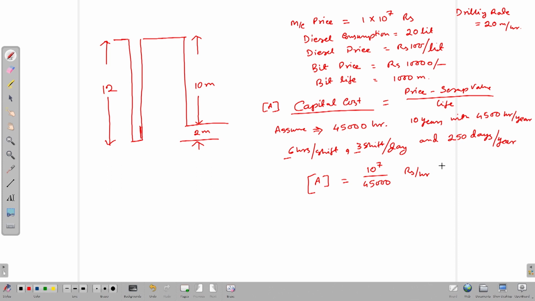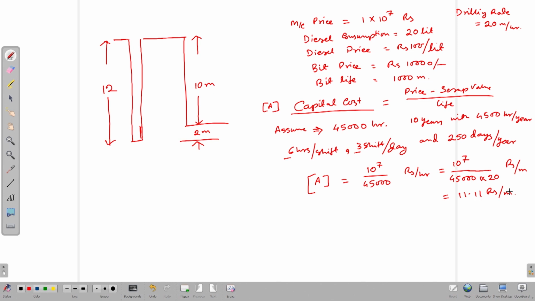So, if we convert this, this is 10 to the power 7 divided by 45,000 into 20, that is rupees per meter. So, if we calculate it, we get 11.11 rupees per meter. So, the capital cost, that is the owning cost of the machine, is coming 11.11 rupees per meter.